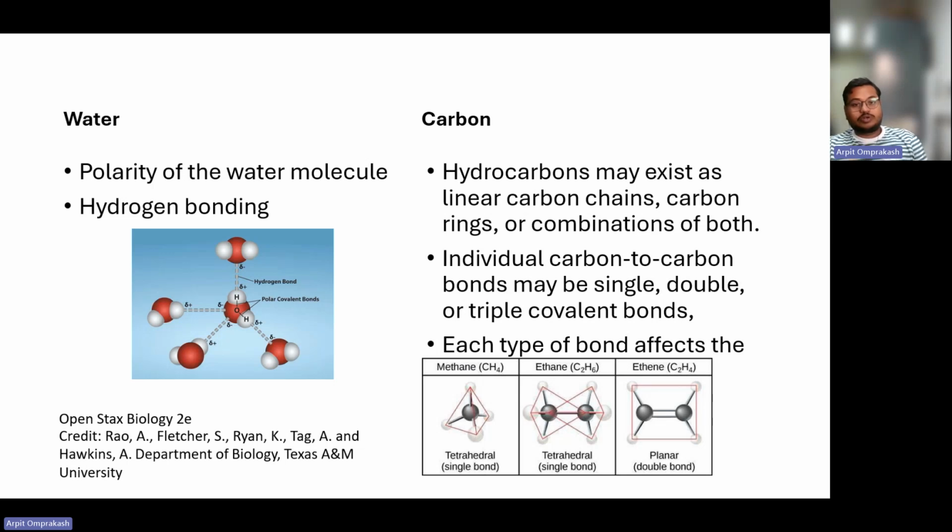Since oxygen is more electronegative than hydrogen and much bigger, it pulls a lot of the electron cloud towards itself, so a delta negative charge is generated on the oxygen atom, and on the hydrogen atoms we have a slight amount of positive charge. Due to this polarity, water can form what are called hydrogen bonds.